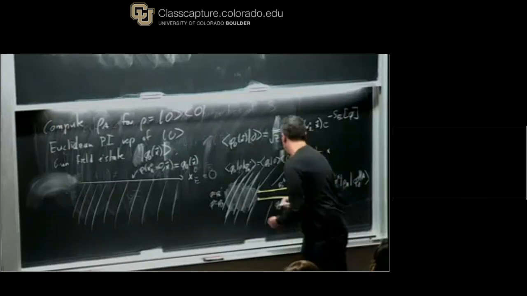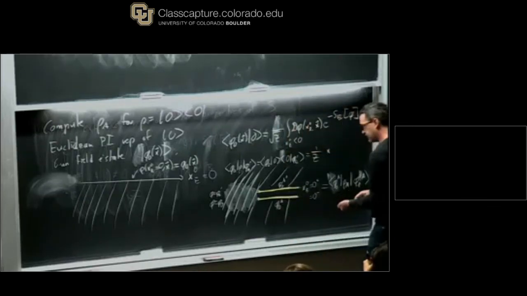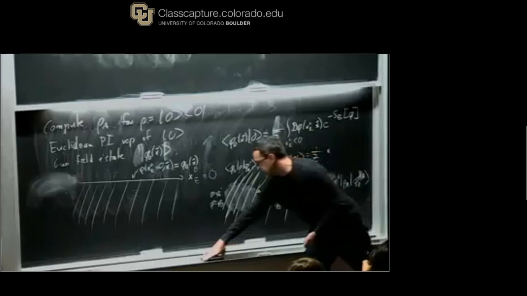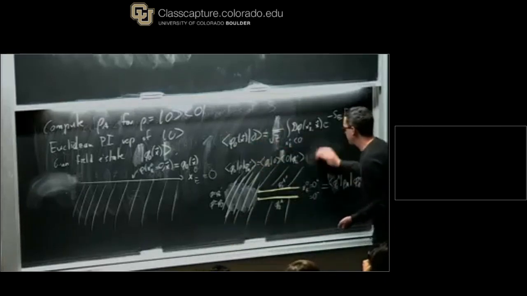So I have an explicit description of my reduced density matrix in a certain basis.